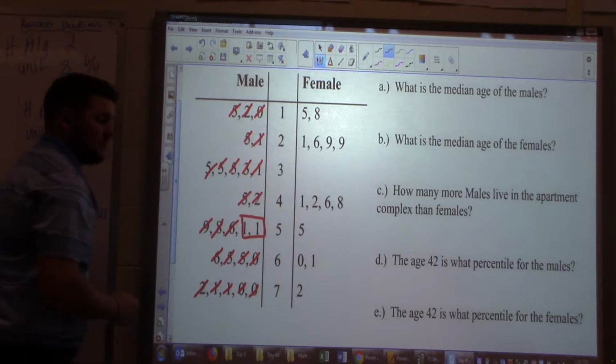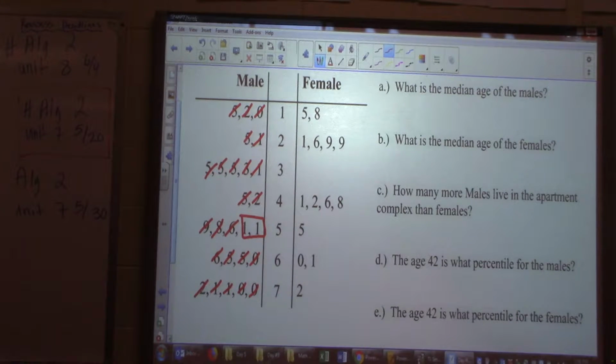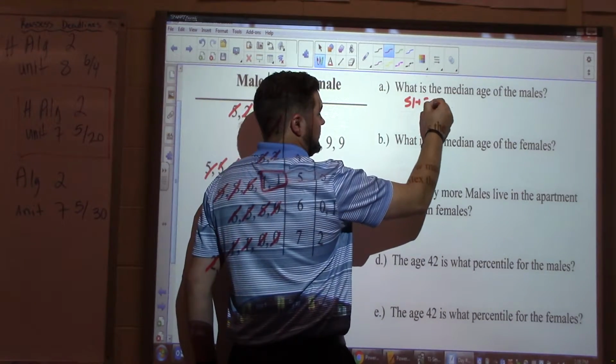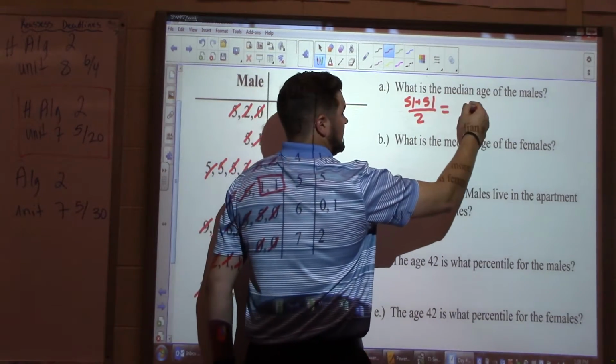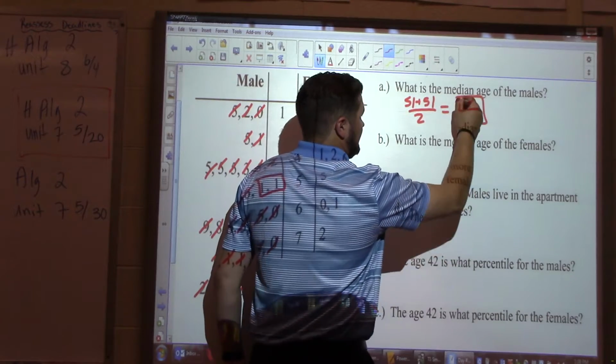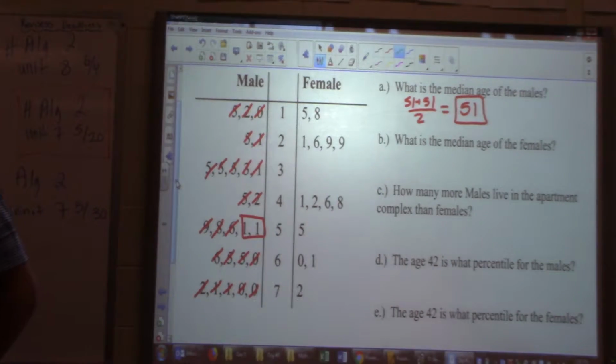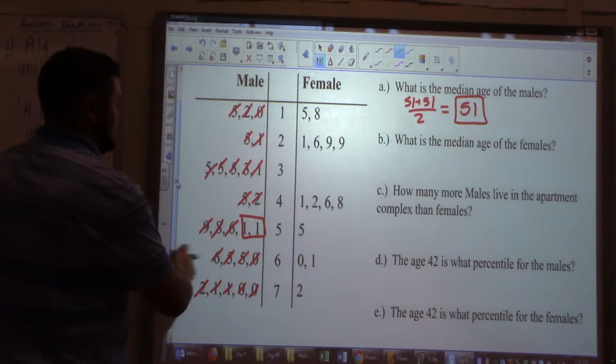So I get 51 and 51 in the middle. So to find my median, 51 plus 51 divided by 2, I should get 51 as my median age, right? If I'm stuck with 2 in the middle, add them together, divide by 2.